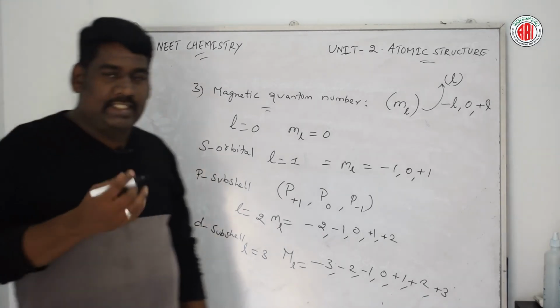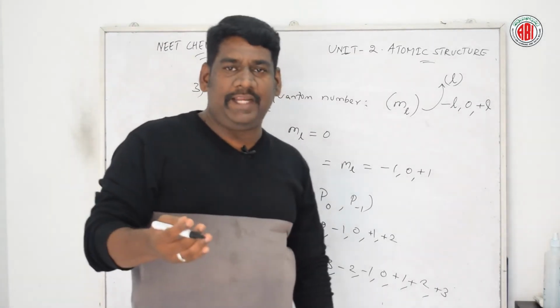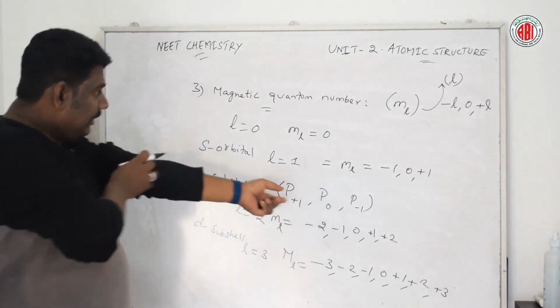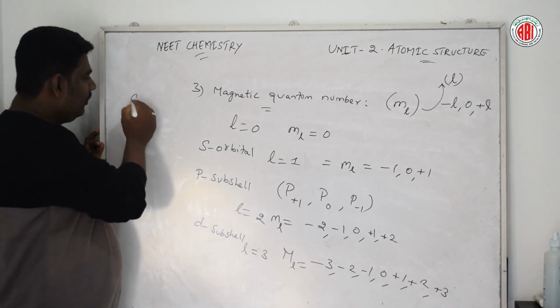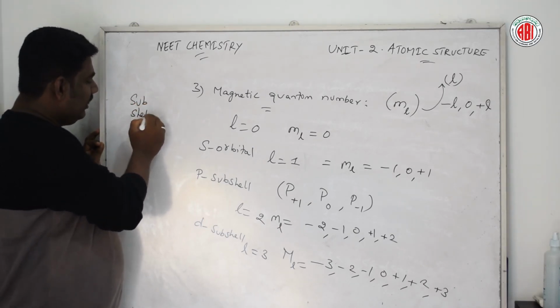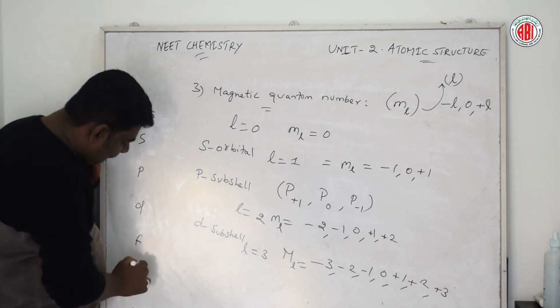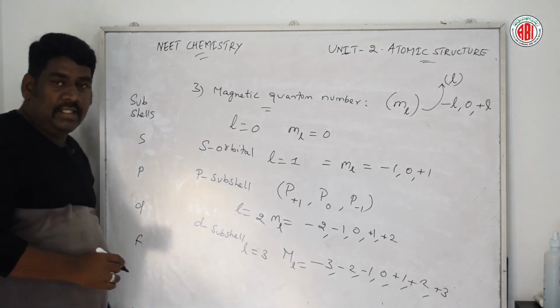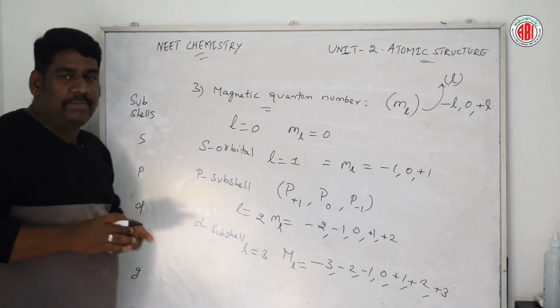So subcells and the number of orbitals can be explained by this small chart. Let us talk about the subcells: s, p, d, f, g and h. These are all subcells.